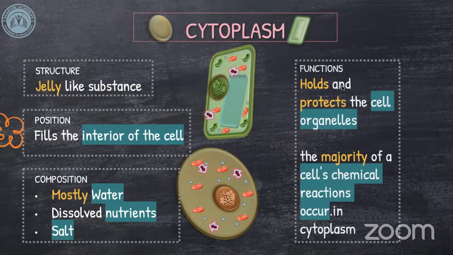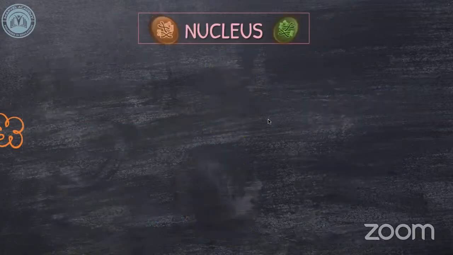It holds and protects the cell organelles, and the majority of the cell's chemical reactions occur in the cytoplasm. As it is a watery environment, the chemical reactions can take place. We will learn about those in detail.